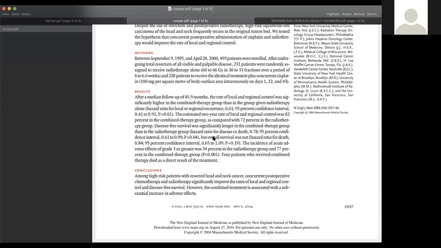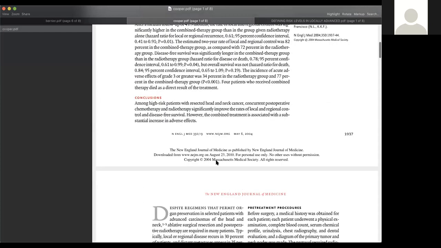But unfortunately, this paper did not find a statistically significant improvement in overall survival. And the incidence of acute grade 3 and grade 4 reactions was higher in the patients who received combined therapy, which is understandable, as chemotherapy gives you more adverse effects.